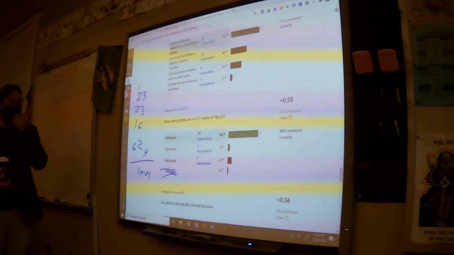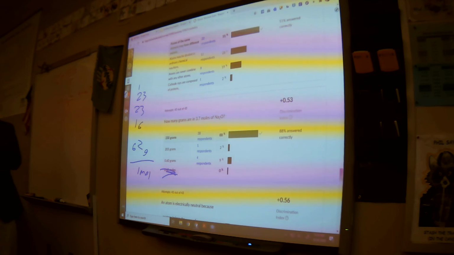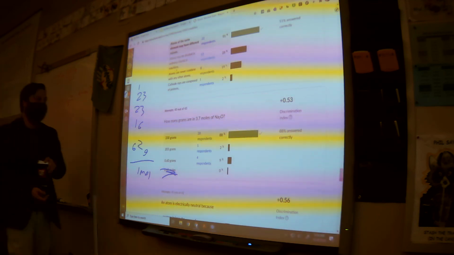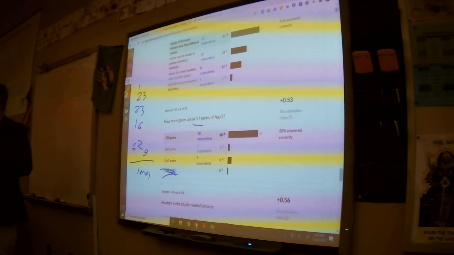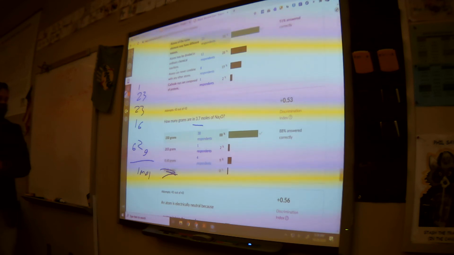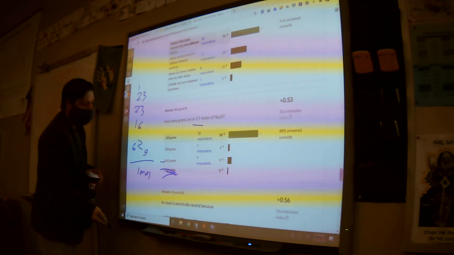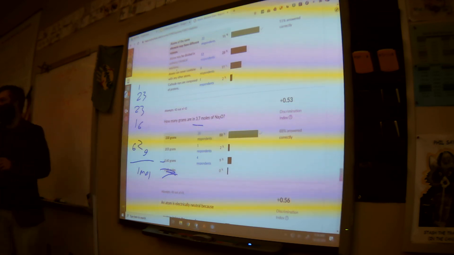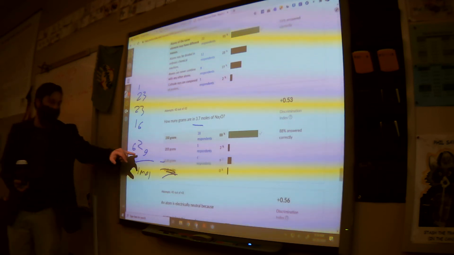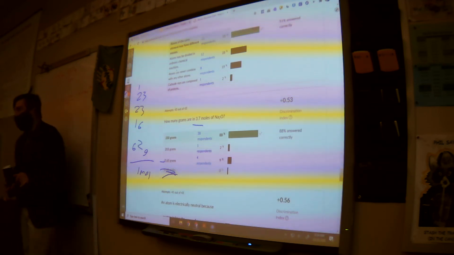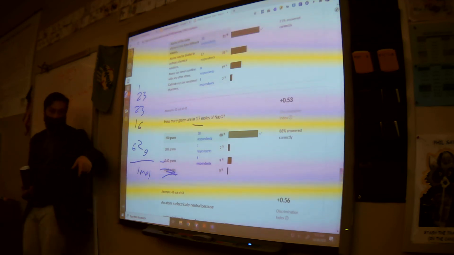Well, how many moles do we have? We have about 4 moles, right? So if we have about 4 moles, is this number reasonable? Not really, because if I have 62 grams in 1 mole, and I have 4, that means it's going to be a bigger number than 62.